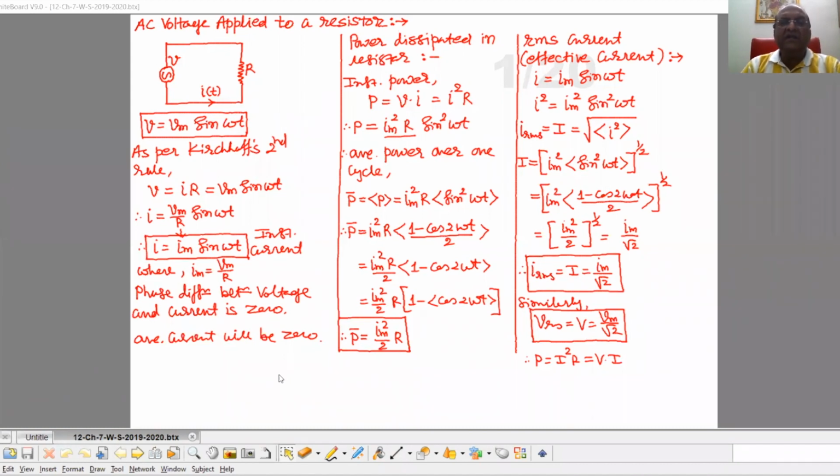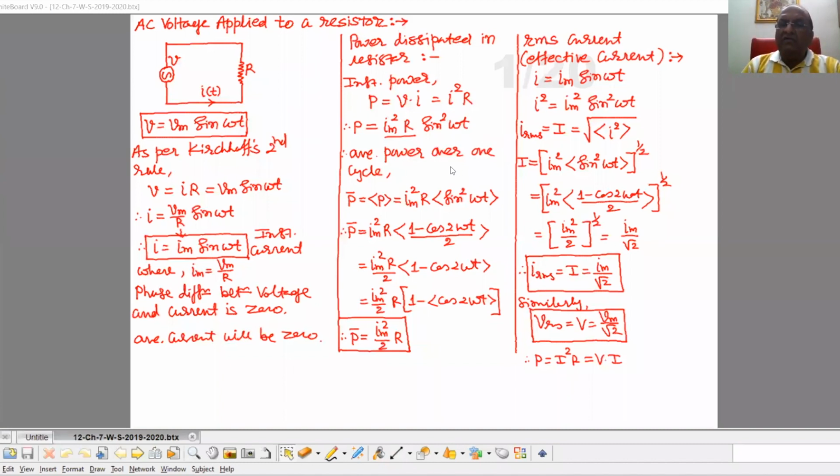Now see, instantaneous power is voltage into current. We can write V equals IR, so power P is I square R, where I is Im sin omega t. So we can write Im square R sin square omega t. This is the instantaneous power at a particular instant t.